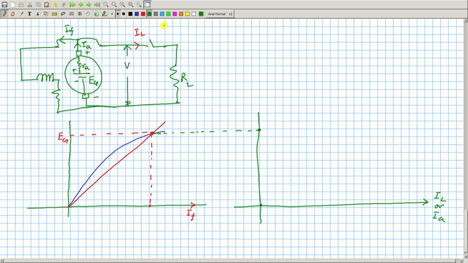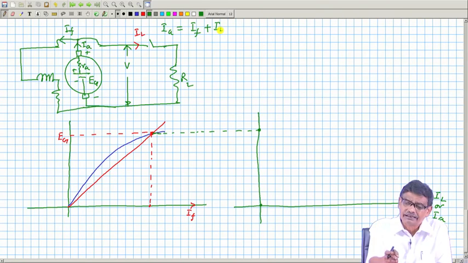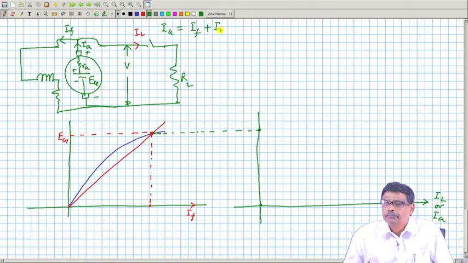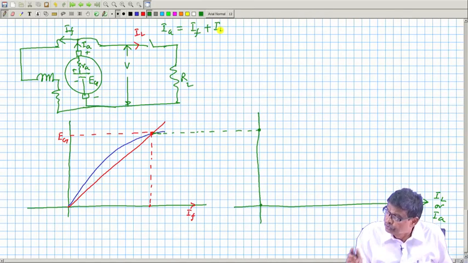So, this can be written as KCL IA is equal to IF plus IL. What I am telling, IF is pretty small, because the resistance of the field circuit is many times more than your load resistance. Anyway, so this is the thing.